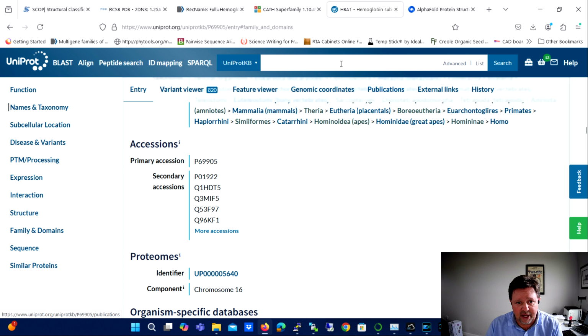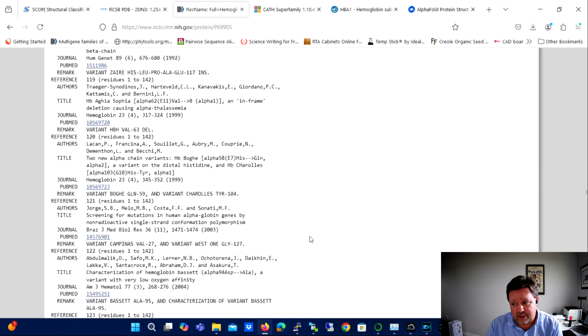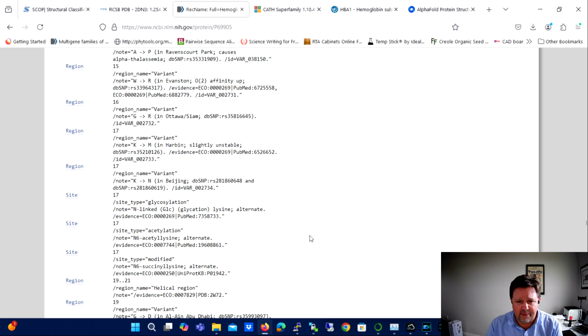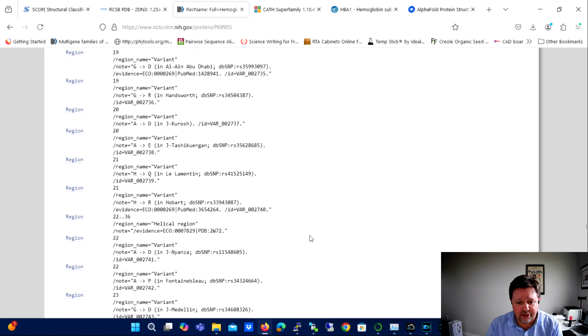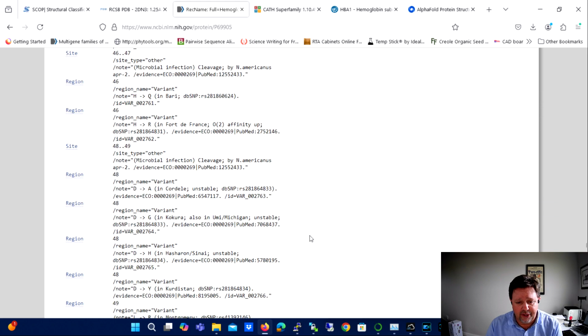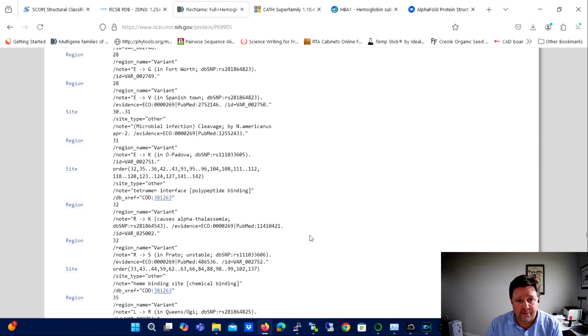It's a little harder to link out sometimes, but you can definitely get the information you need from NCBI. So these are just a few databases that you can use to get information for your studies on proteins and protein sequences.